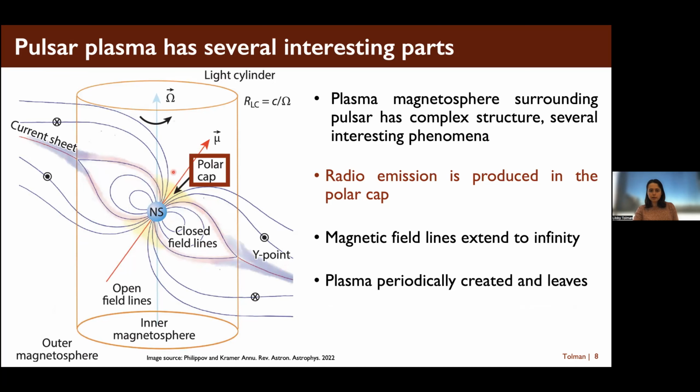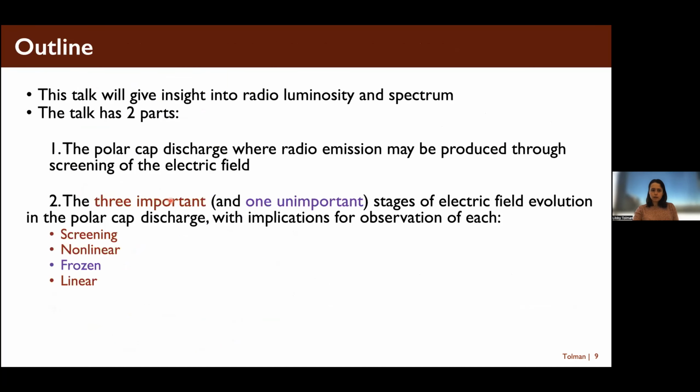But the place where the radio emission is produced is this polar cap region. Here the magnetic field lines extend all the way out to infinity, and in this region plasma will be periodically created and then leave out to infinity. That's where the emission is produced.